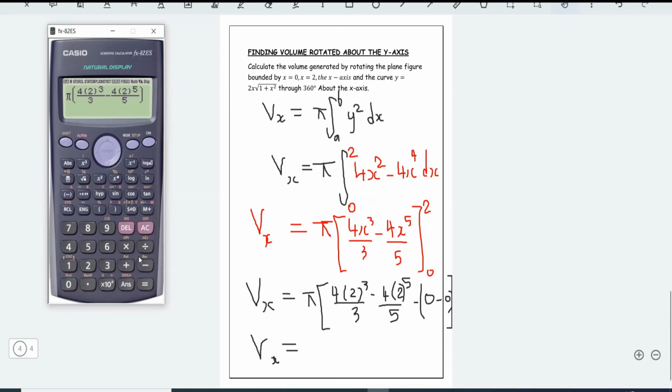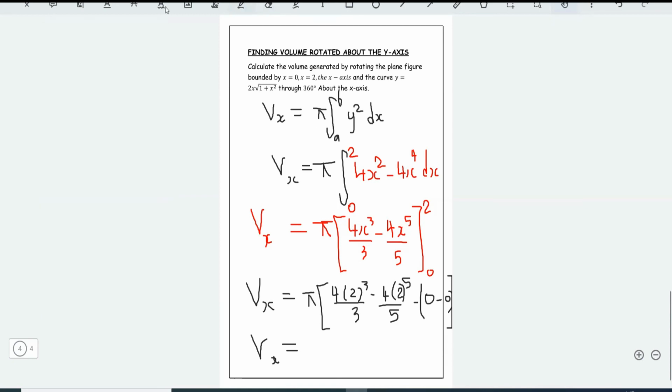Close that. What did we do wrong? The volume is negative. Volume should not be negative. Let's check this out.